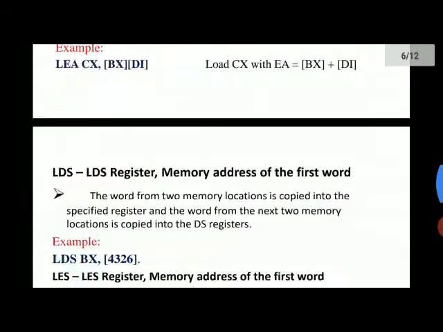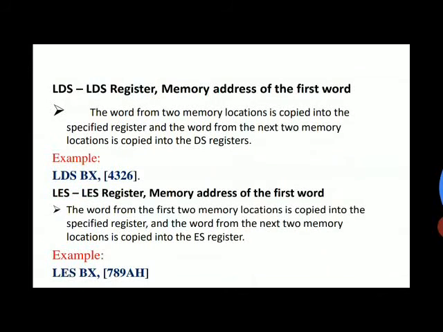And then we can see the next instruction, LDS. LDS means load data segment register. Its syntax is represented as LDS register, memory address of the first word. What is happening means the word from two memory locations is copied into the specified register and the word from the next two memory locations is copied into the DS register.